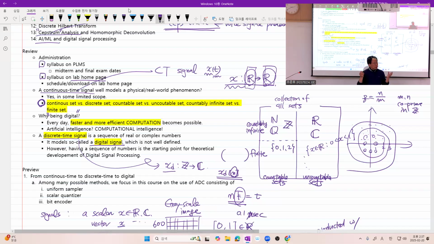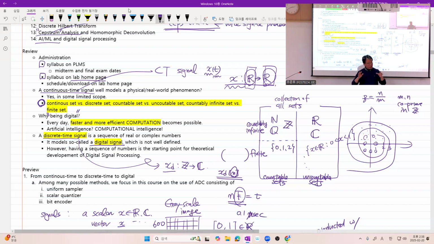So we just handle what? The sequence of real or complex numbers. However, there is another additional process to convert this real or complex number into a vector of bits, right? But in most of the cases in this course, we will not talk about that because that is less fundamental.